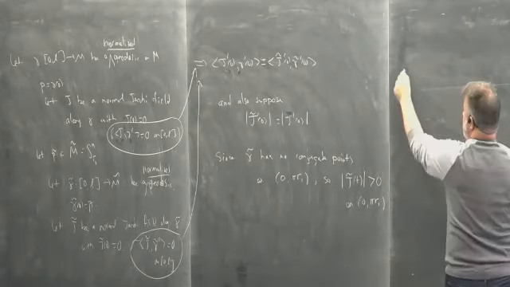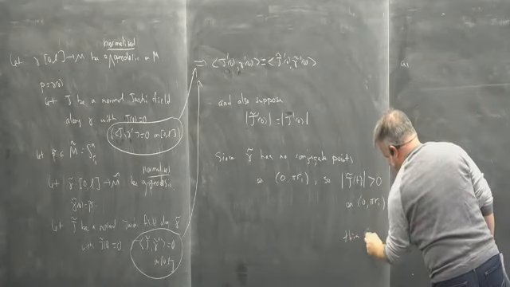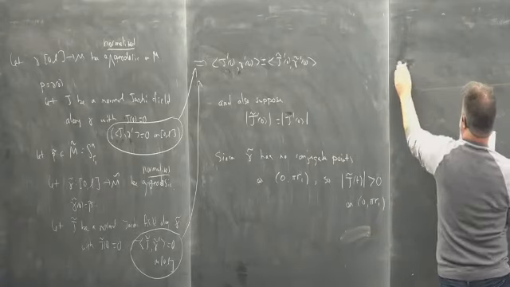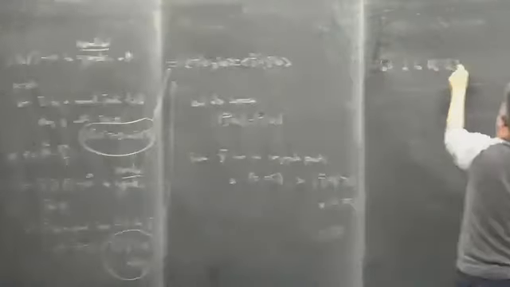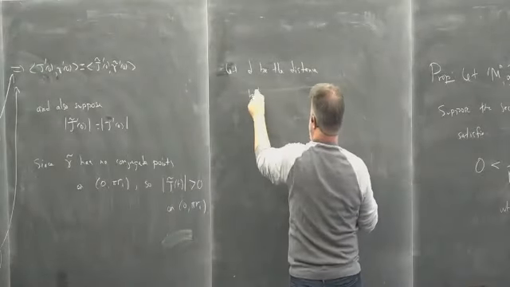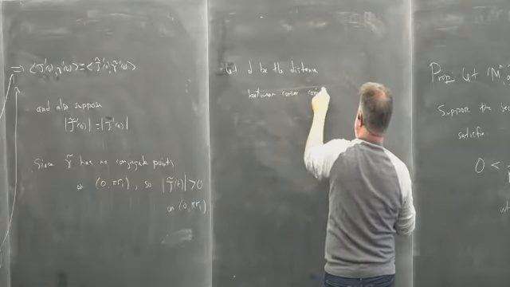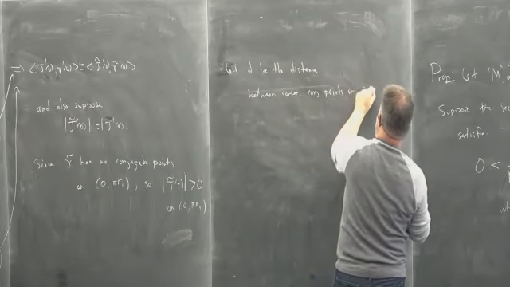So we can apply Rauch. Let d be the distance between consecutive conjugate points on gamma.